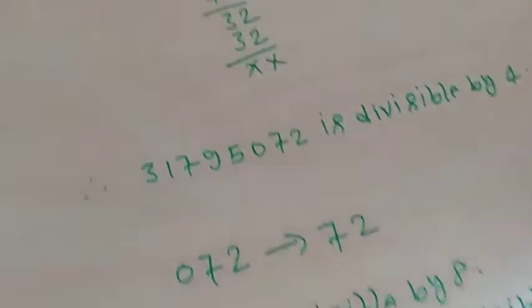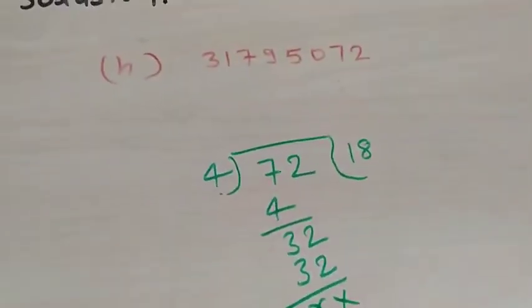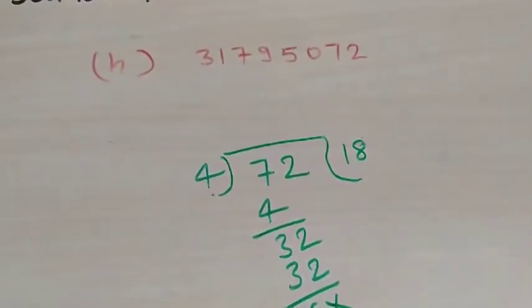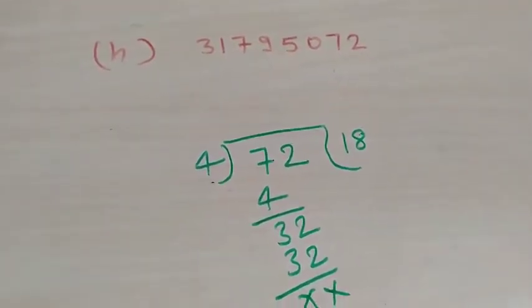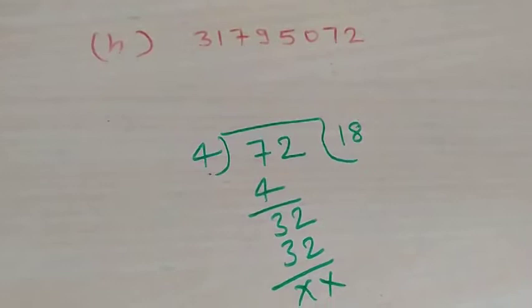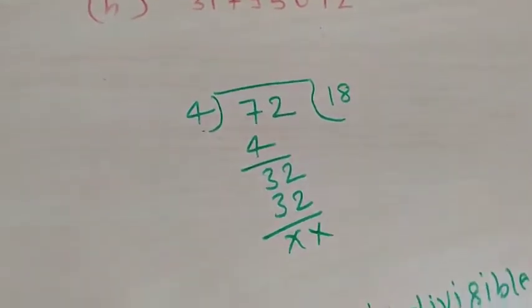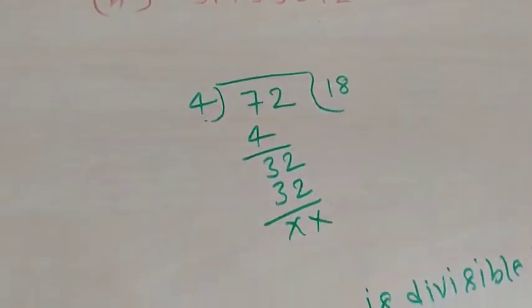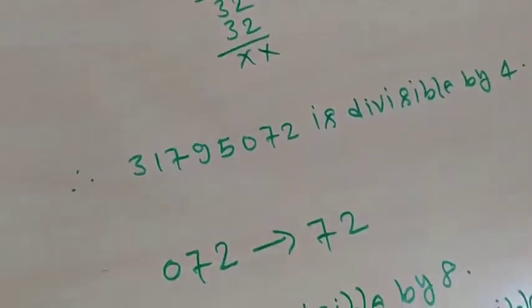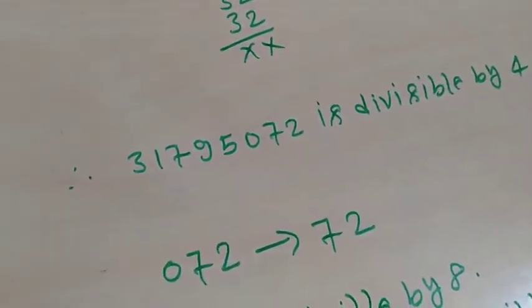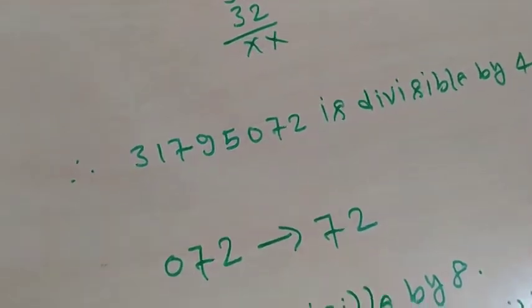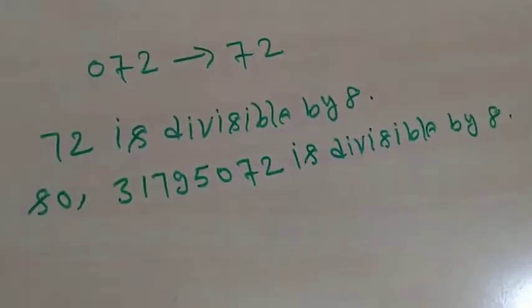So you can see here 3,70,95,072 is divisible by 4 and also divisible by 8. Okay, now we are going to check I part. This is the divisibility test of.